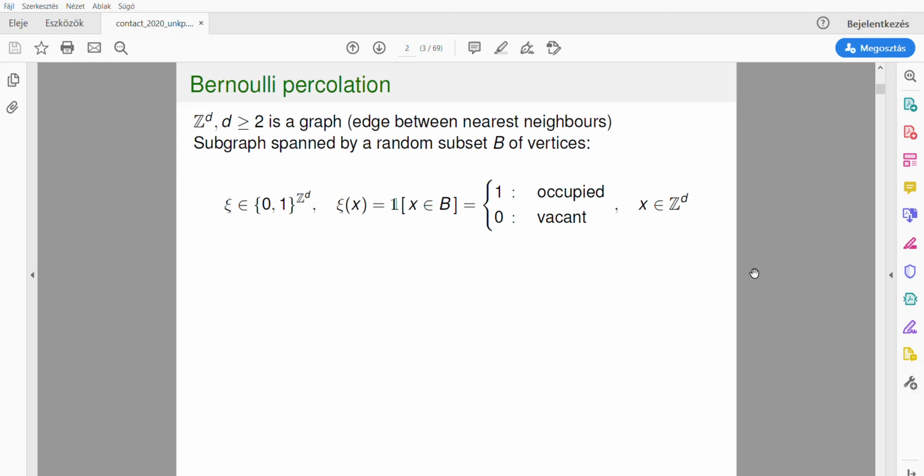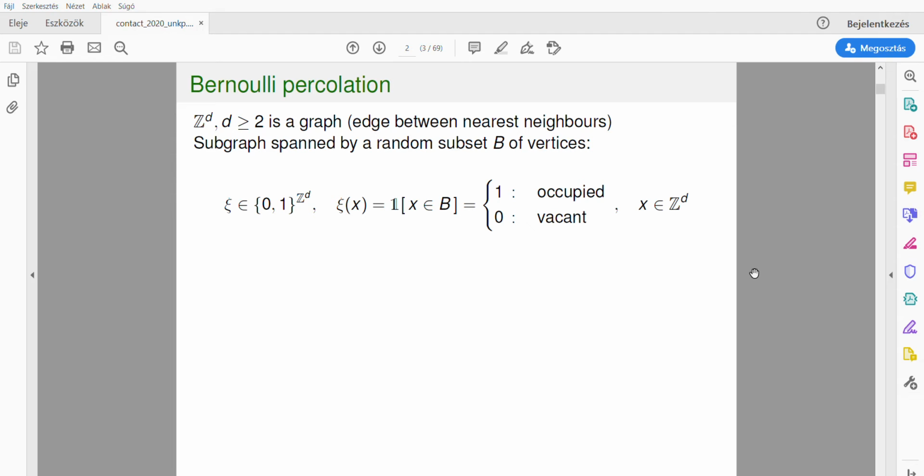Namely, what we are going to do is consider a random subset of Z^d, so a random subset of the vertices, and look at the subgraph spanned by this random subset of vertices. So here is some notation. I want to phrase things not in terms of this random subset B, but in terms of the indicator of this set, which we are going to denote by Xi. And Xi is a configuration of zeros and ones on Z^d.